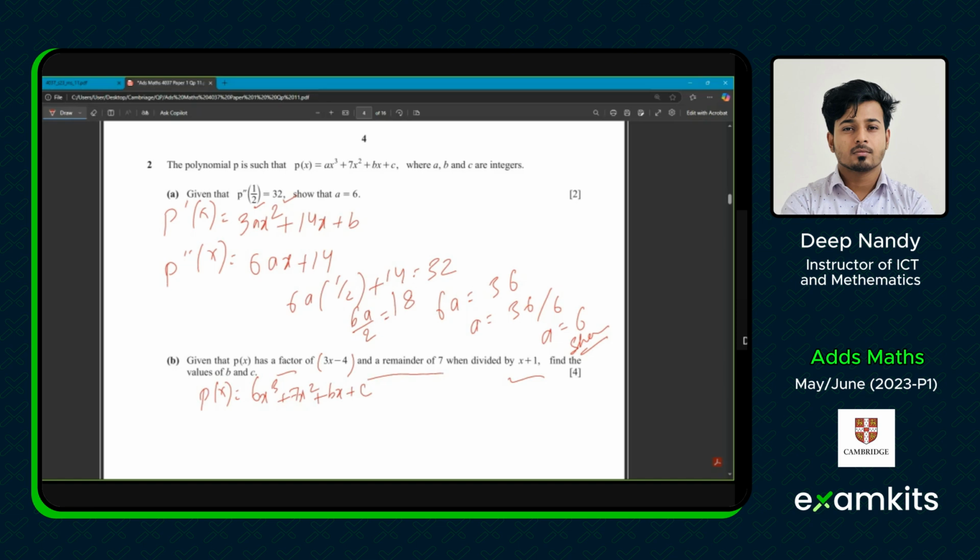Now, as we know that 3x minus 4 is a factor of p of x, it means that if we put the value x equals 4 by 3, the output result will be 0.